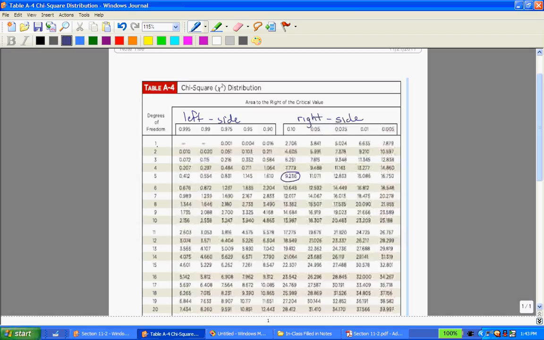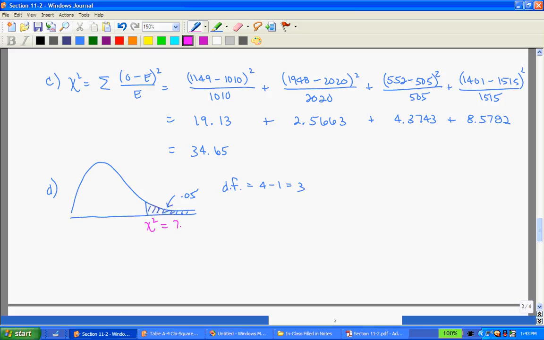So I go to my table, go down to 3, and go over to 0.05, which is here, 7.815. And I think you can already tell 34 is way out here somewhere. Way, way, way off in the tail.